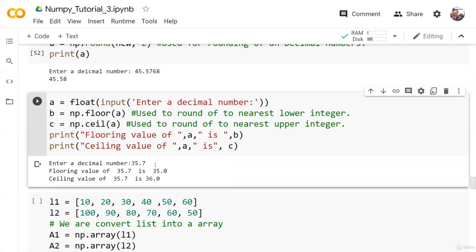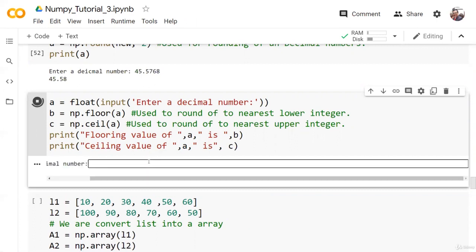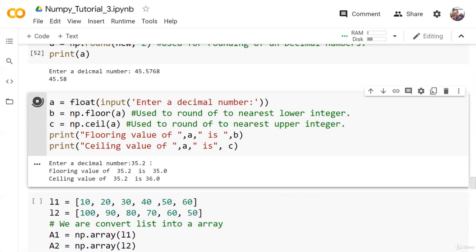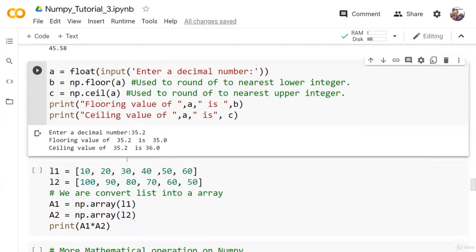So when you take the floor, it will be 35 and the ceil will be 36. And you will wonder to see one more thing. Suppose I take 35.2, still the floor value will be 35 and the ceil value will be 36. So it's not a rounding off operation. The floor and ceil will be the lower value and the upper value of that fractional value.